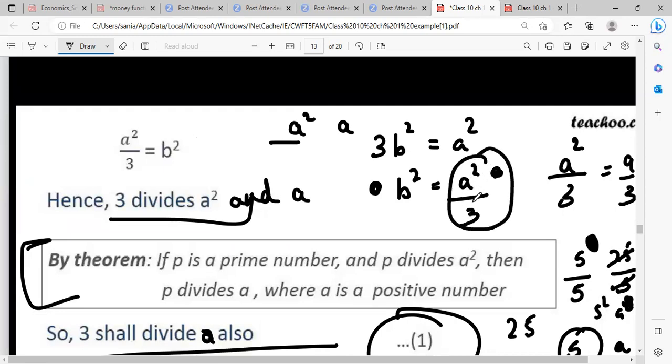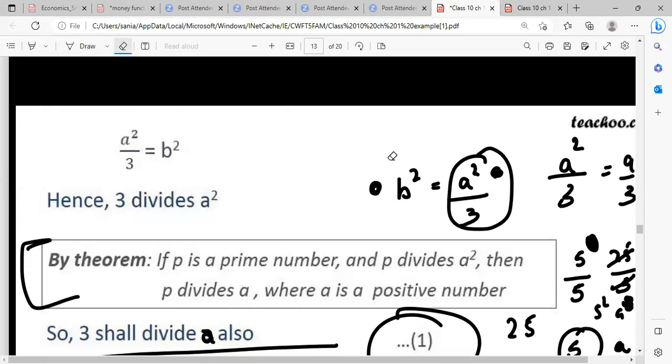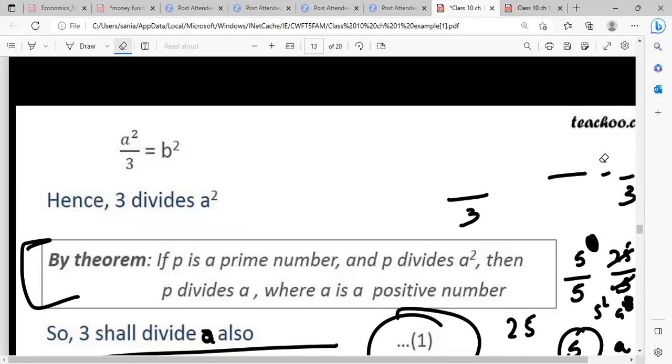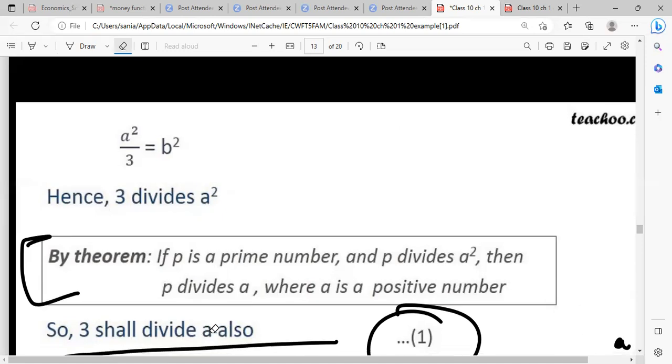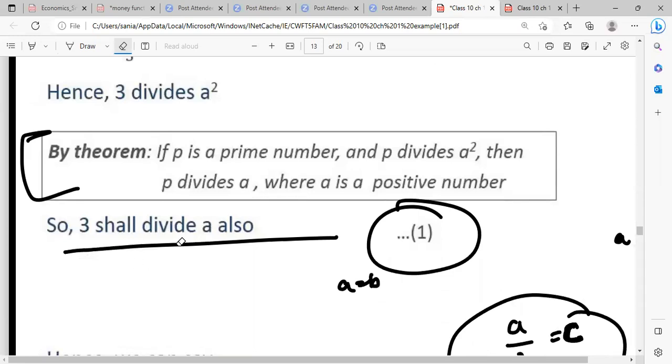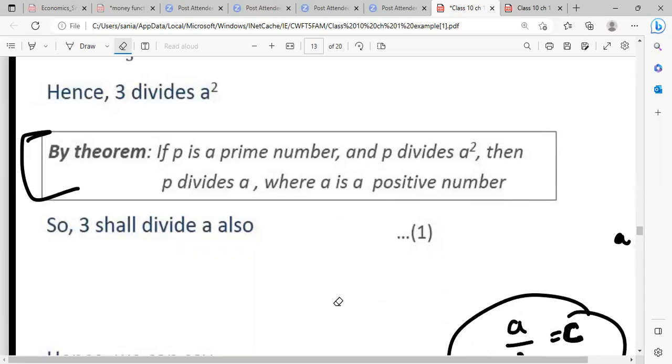From this you get to know that if 3 is dividing a square, it will also divide a. This is a theorem: if any prime number is dividing a square, then it will also divide a. So this is our first equation: 3 is dividing a.